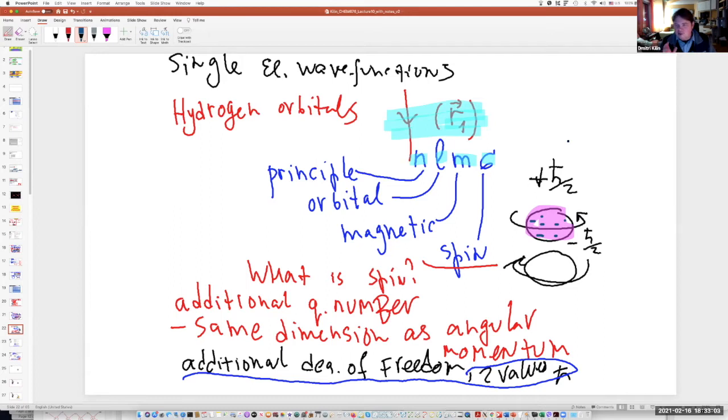And there are only 2 allowed angular velocities, angular momenta, for these rotations. One corresponding to angular momentum h bar over 2, another is minus h bar over 2, rotations clockwise and counterclockwise.